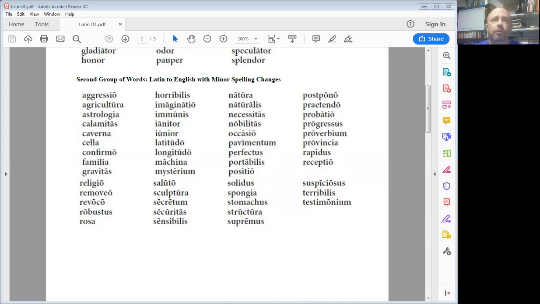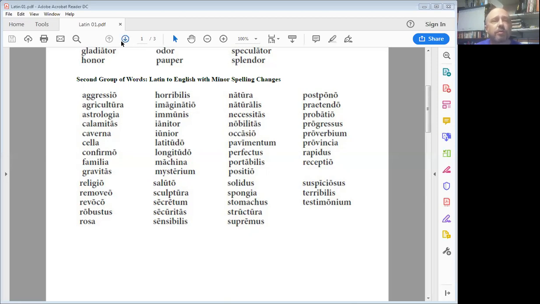English is kind of loosey-goosey when it comes to rules and things like that. In any event, that's one reason to study Latin. It helps you learn English better. And I think that's a good thing.